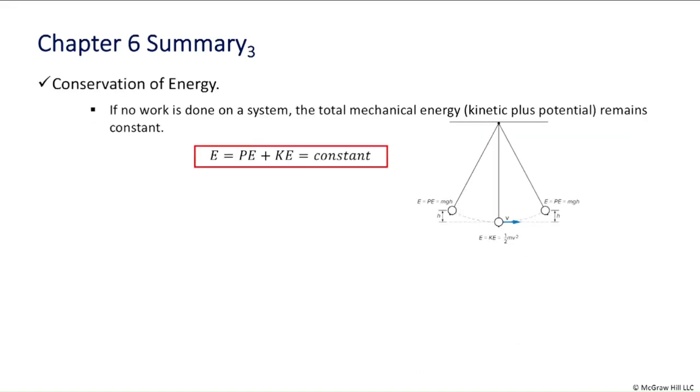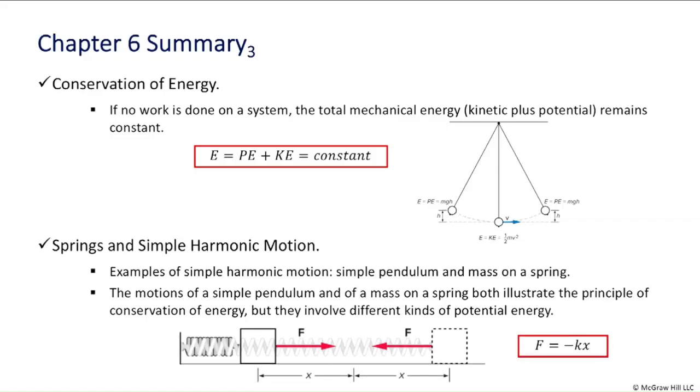And in the next section, we discussed an interesting topic, conservation of energy. If no work is done on a system, then the total mechanical energy, which is kinetic plus potential, remains constant. And in the last section, we discussed simple harmonic motion, one important topic that uses energy conservation.